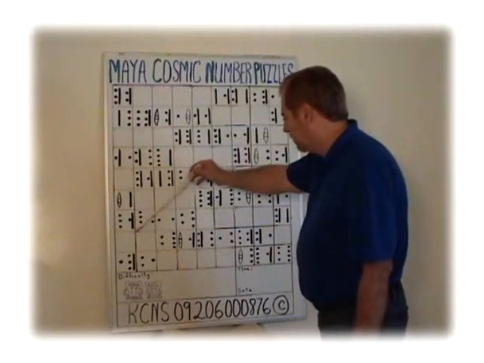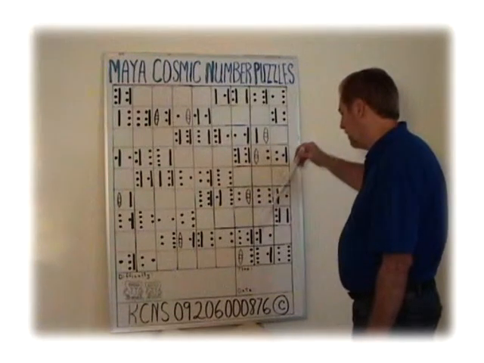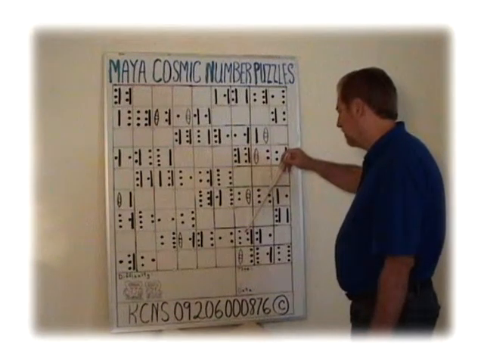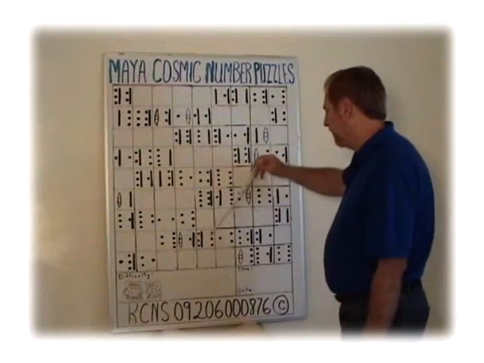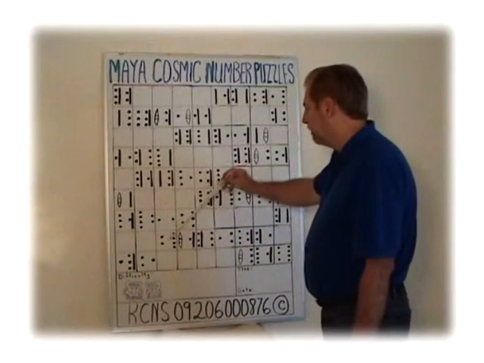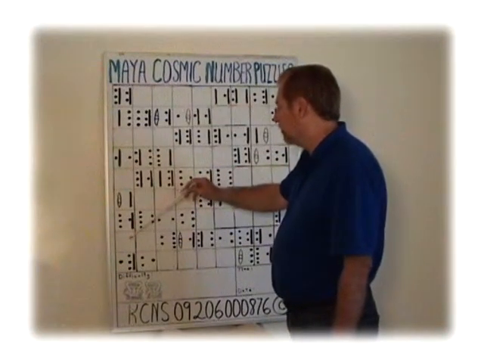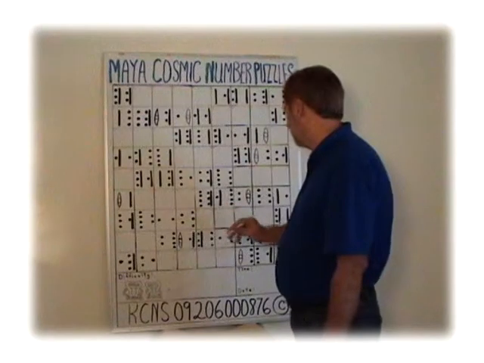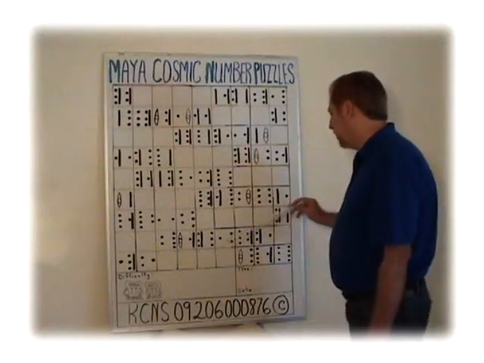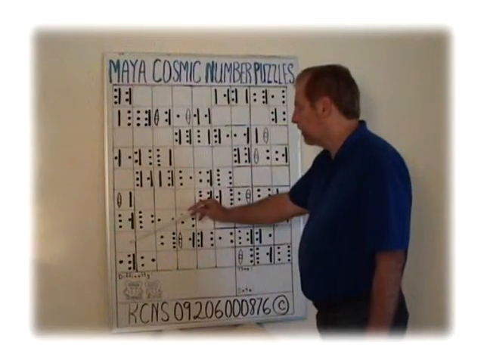When we look at this row here, we see that we have a 1, a 7, a 2, a 3, a 6, and a 4. If we have a 4 here, we cannot have a 4 here. We could only have the 0 or the 2. Since we already have the 2 here, that means only the 0 could go here.